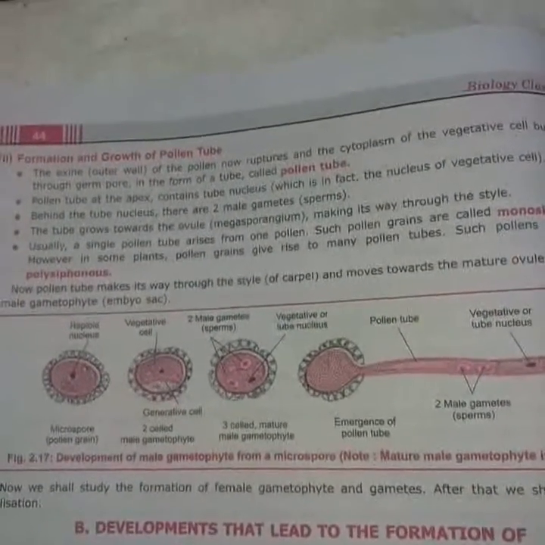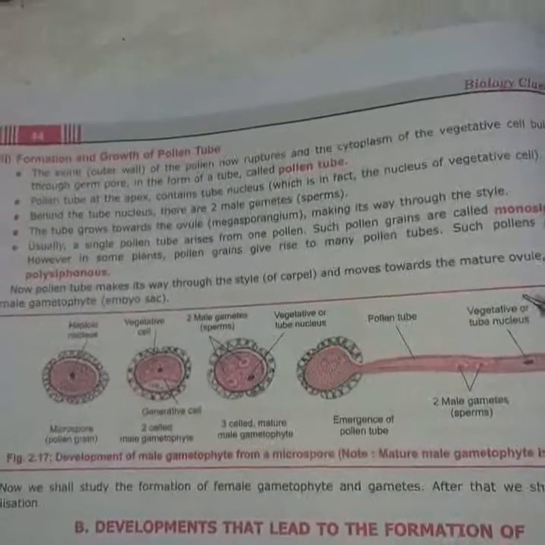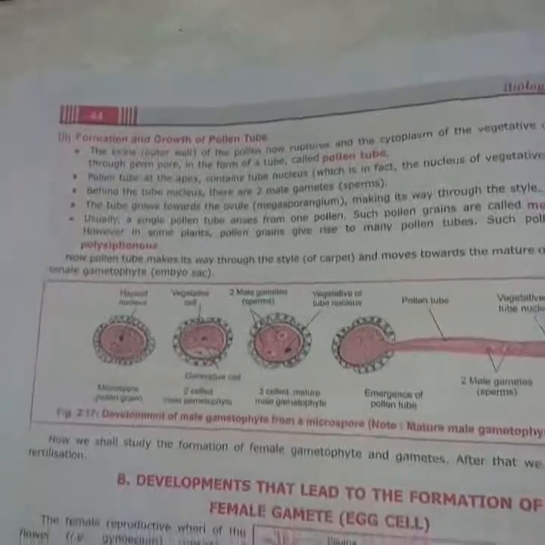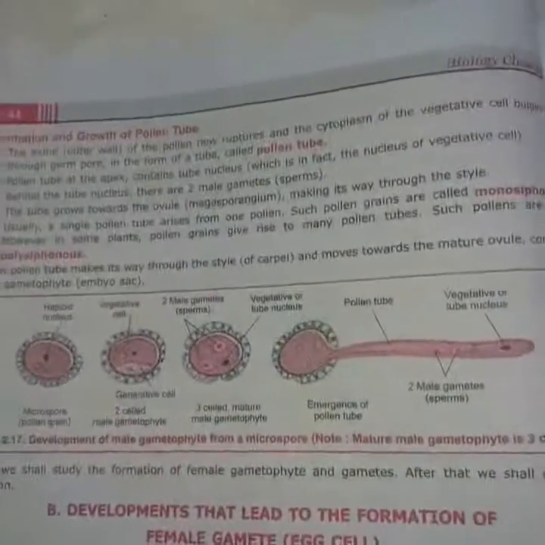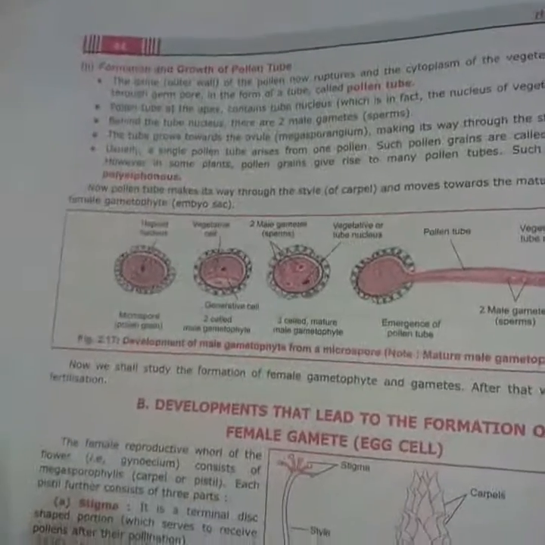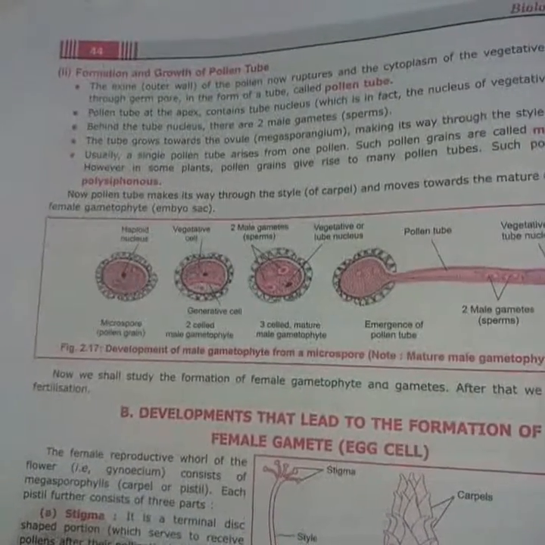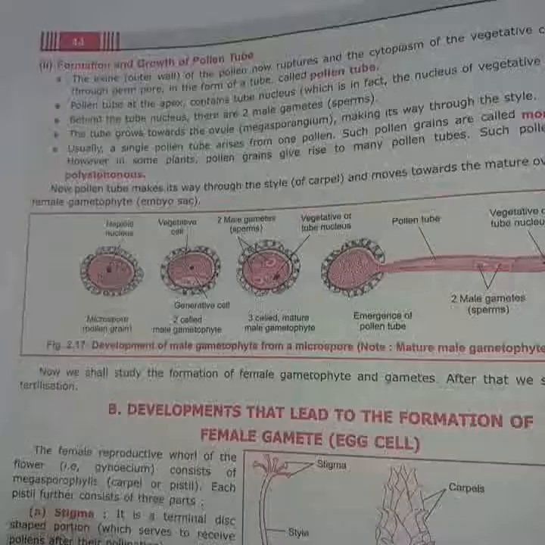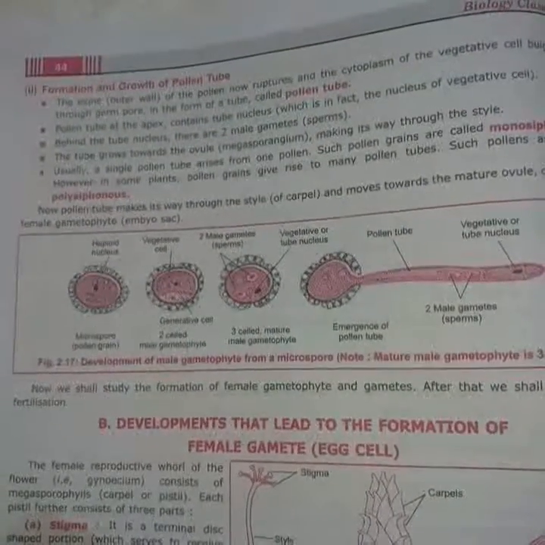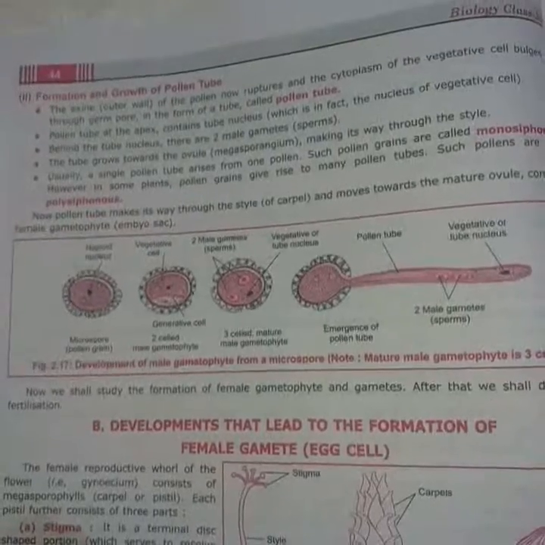Here I stop the development of male gametophyte or pollen grains or sperms. After development of pollen grains or male gametophyte or sperms, then development of female gametes or egg cells starts.